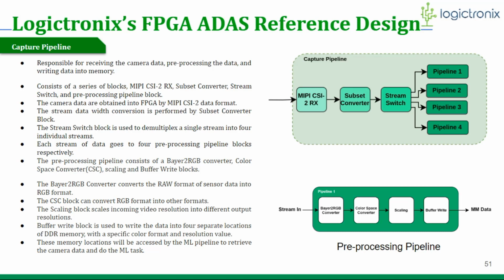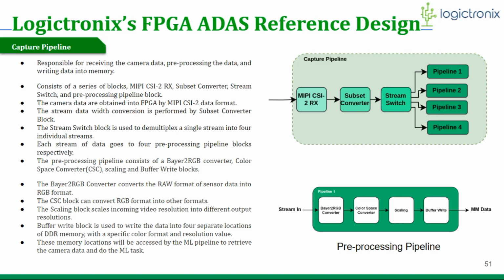Now the stream of data goes to 4 pre-processing pipeline blocks respectively. The pre-processing pipeline consists of a Bayer-to-RGB converter, color space converter, scaling, and buffer write IP blocks. The Bayer-to-RGB converter converts the raw format of the sensor data into RGB format. The color space converter block can convert the RGB data format into other formats such as YUV.